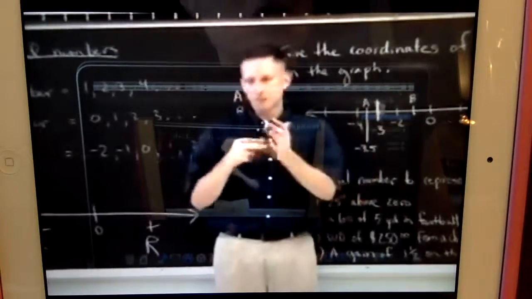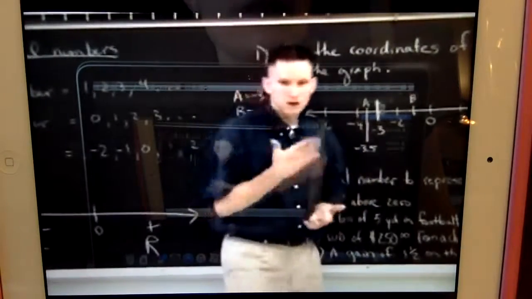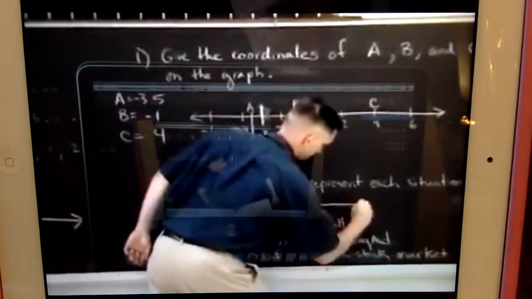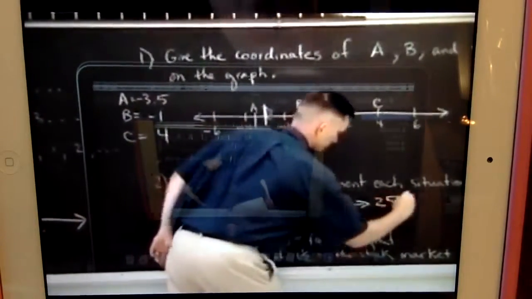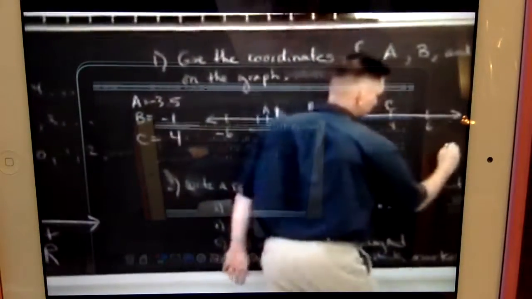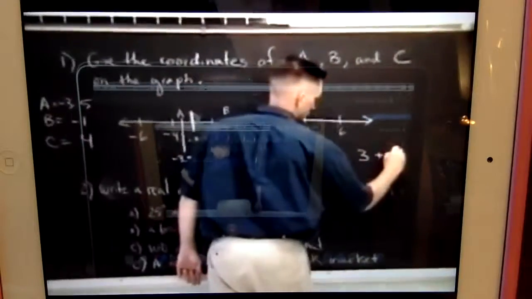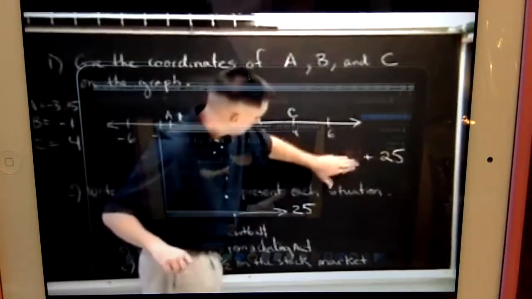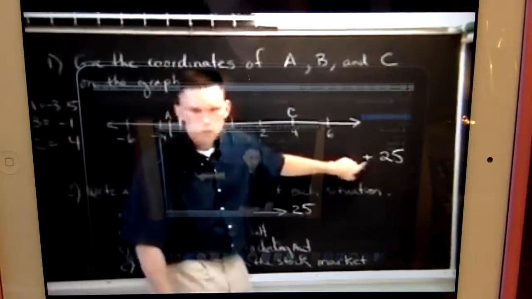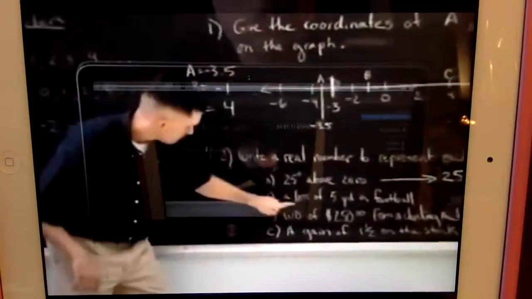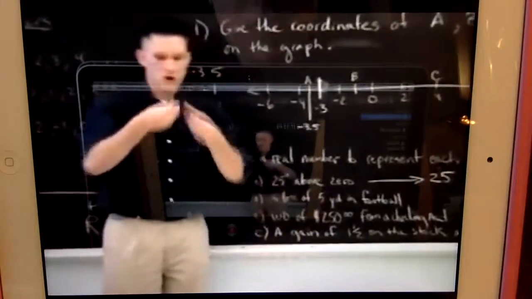So let me give you a suggestion. Remember, when you write the numbers down, you don't need to include the positive symbol. You just need to write the number, 25. That's it. Well, let's say you have this, 3 plus 25. Then yes, you will need the positive in between. But if it's just 25 alone, then you don't need to add the positive in front.